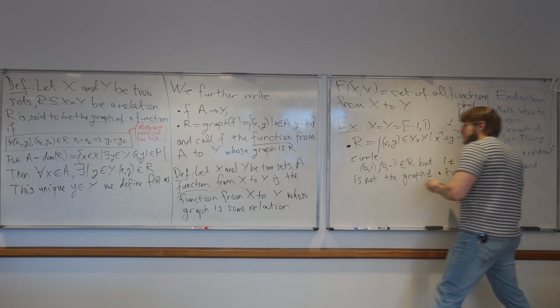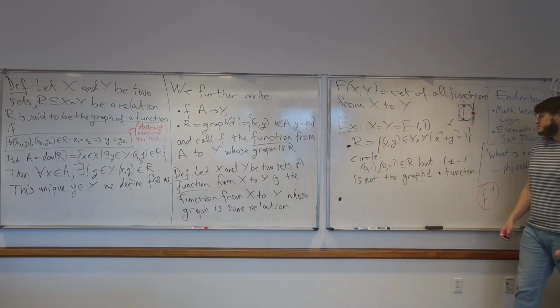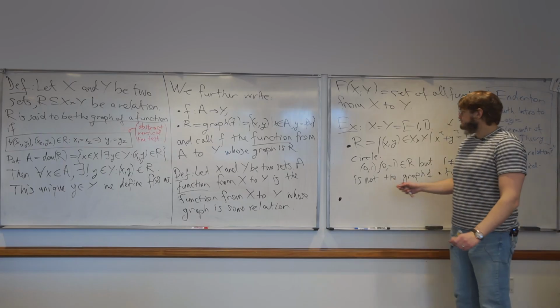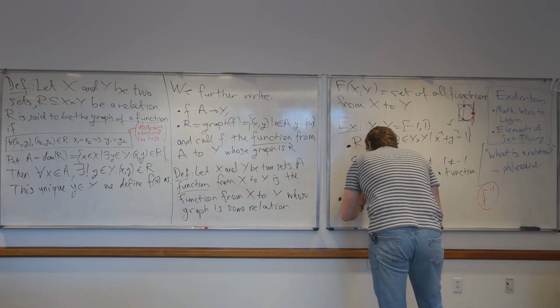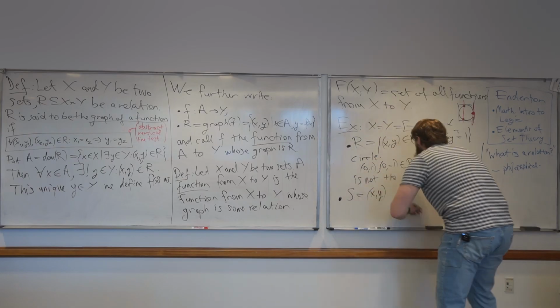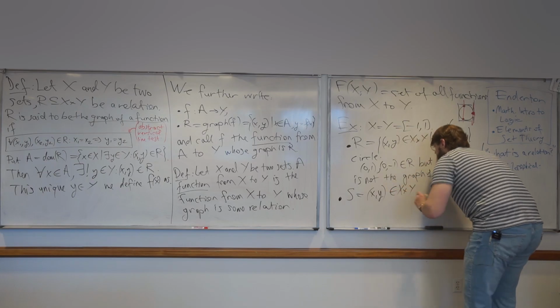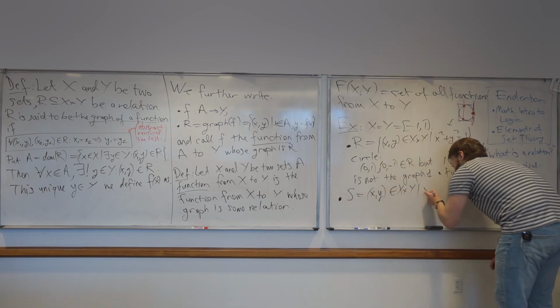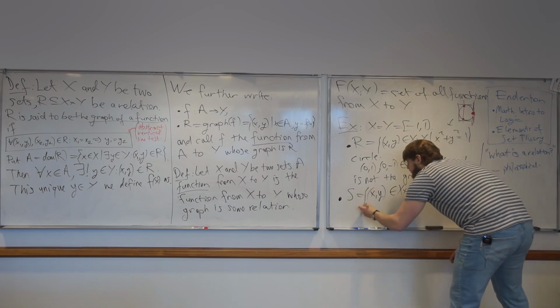So here's an example of a relation that satisfies the property of being the graph of a function. Again, the same x and y. Now I'm going to define, let's say, S to be the pairs x, y in here such that x in absolute value equals y in absolute value.